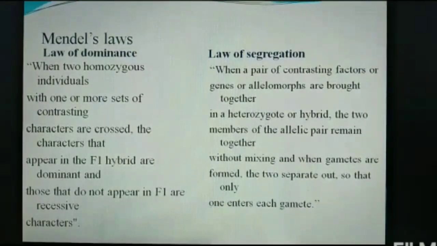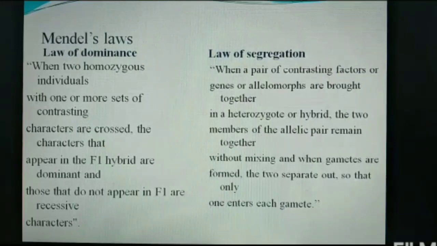From this monohybrid experiment, Mendel proposed the laws of heredity, the law of dominance. According to this law, when two homozygous individuals with one or more sets of contrasting characters are crossed, the characters that appear in the F1 hybrids are dominant and those that do not appear in the F1 are recessive. So, as we said already, the character expressed in the F1 generation is considered as the dominant trait.